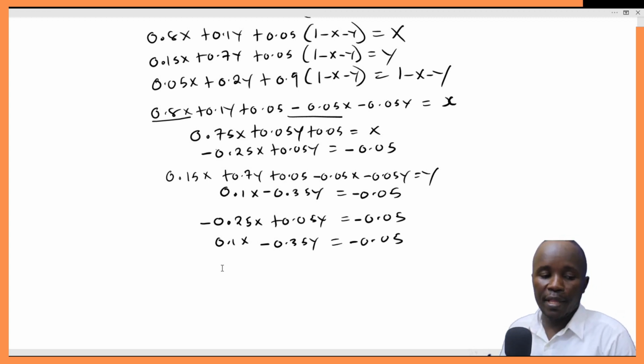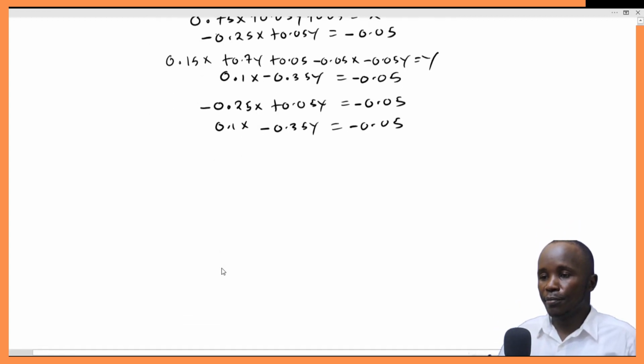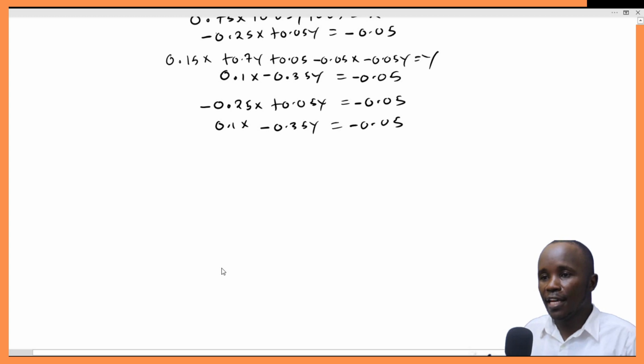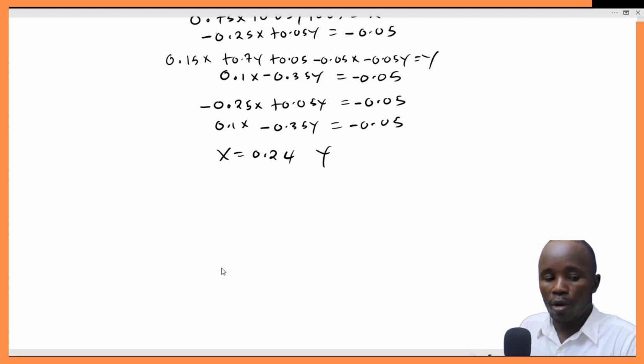Now this is basic mathematics, the one you did in the first topic, simultaneous equations. At this juncture, you all know how to solve simultaneous equations. So I will find that x will be 0.24 and y is equal to 0.21.